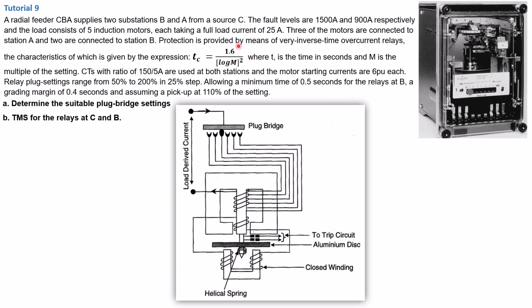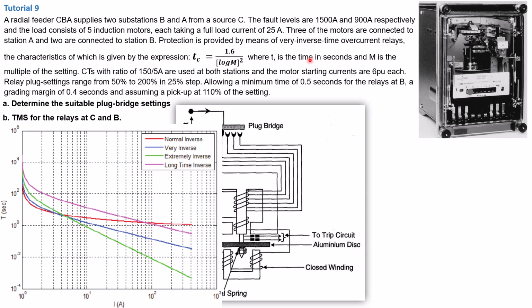Now protection is provided by means of very inverse time overcurrent relays. Now there are a few different types of IDMT relay characteristic curves. The characteristic curve also dictates the way in which the IDMT relay will respond to a fault current on the system. This one is called the very inverse time overcurrent relay.